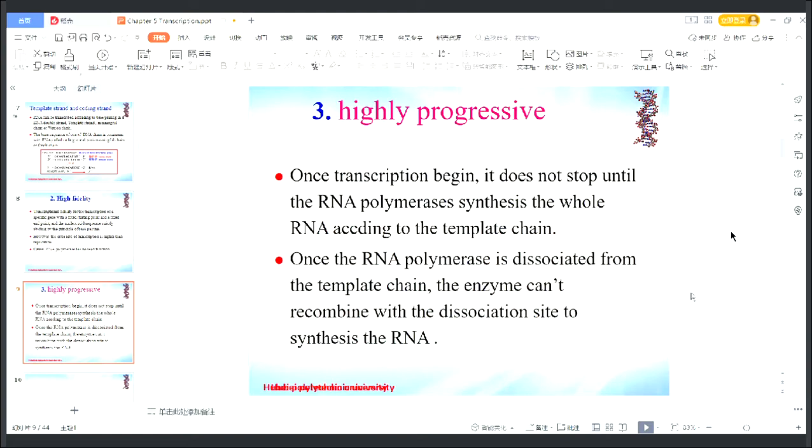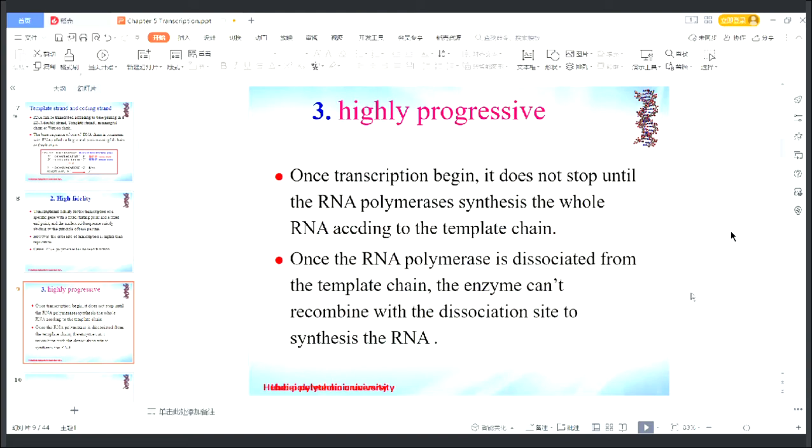If a termination factor takes effect, or with a temperature change, the RNA polymerase is dissociated. The enzyme can't recombine with the dissociated site to synthesize the RNA again.